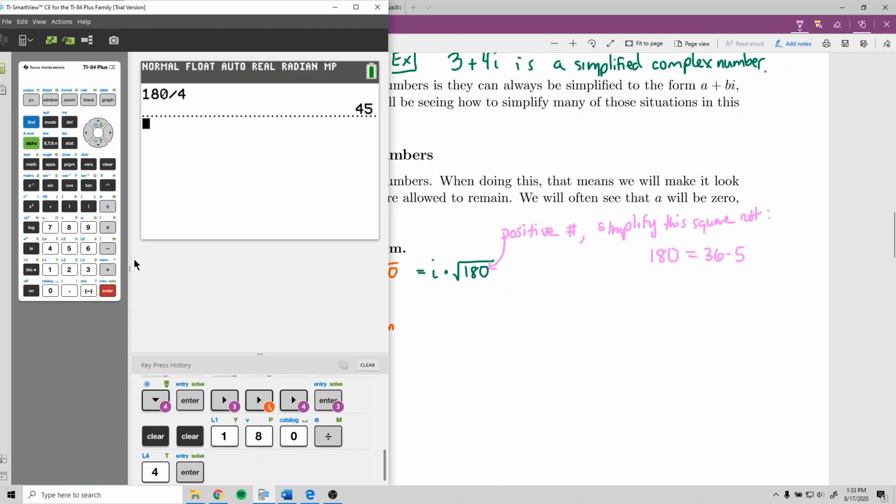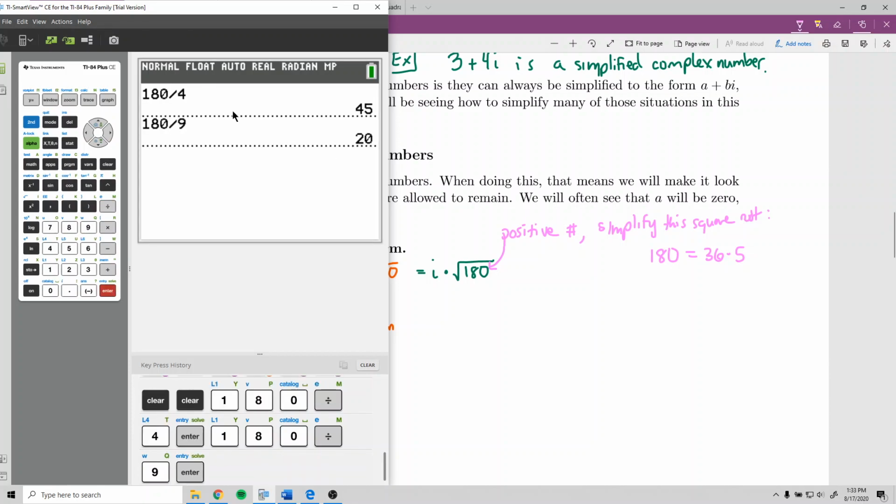Now, that's helpful. We could write 180 as 45 times 4, but I want to see if there's a bigger perfect square. So we could do 180 divided by 9. Well, that's another perfect square. We could say 180 is 9 times 20, but maybe we can go even bigger.